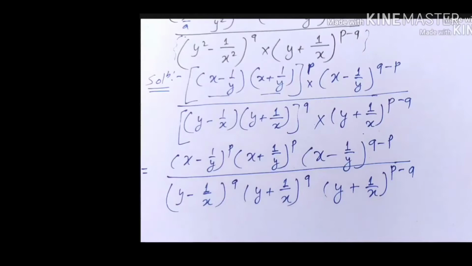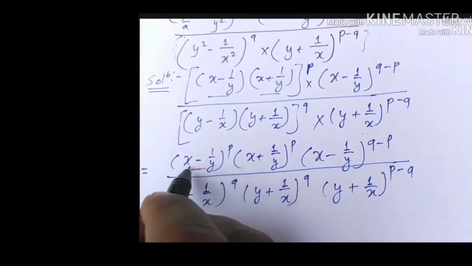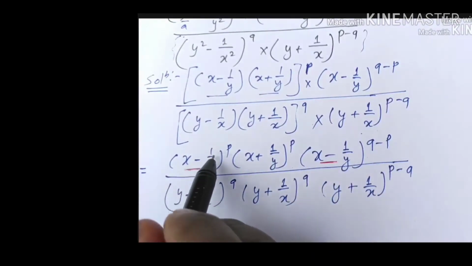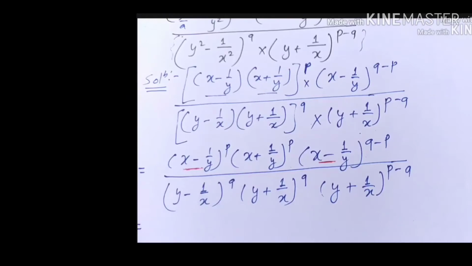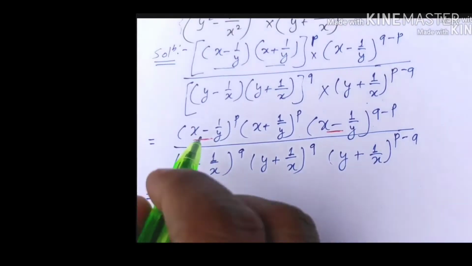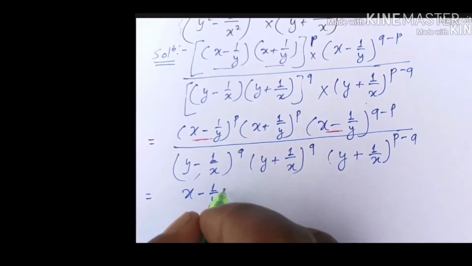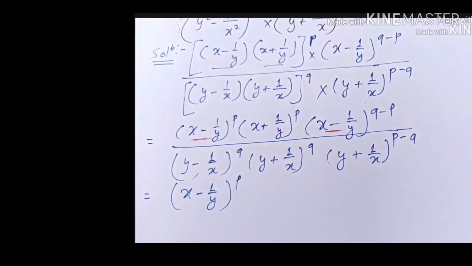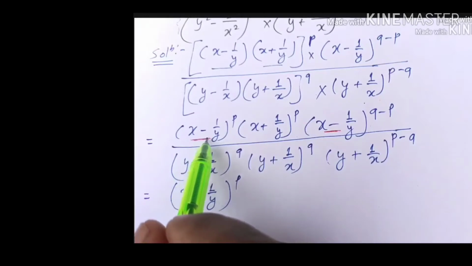Now dear students, you can see that this term x − 1/y, x − 1/y are similar, so they can be written together. That means x − 1/y will be common.